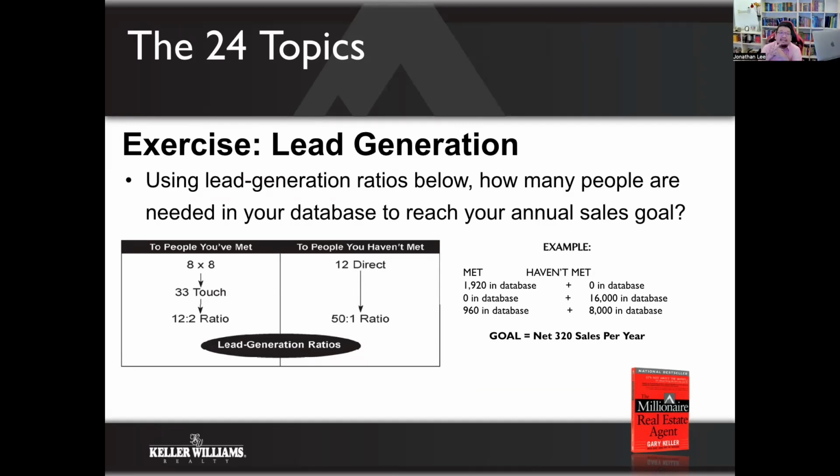Now, this number is based on research, not a number we pluck from the air. It's after interviewing all the successful agents in town and in the US who are netting $1 million US. This is what they say: 12 to 2, 50 to 1. So if you lead gen consistently, our goal is to get to this number that will move the needle in our business.